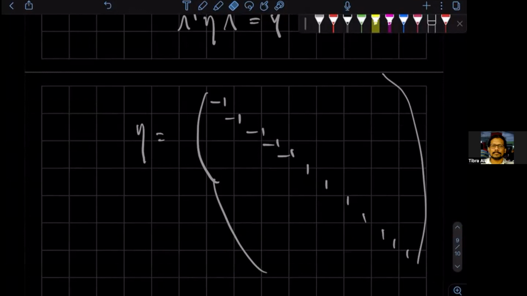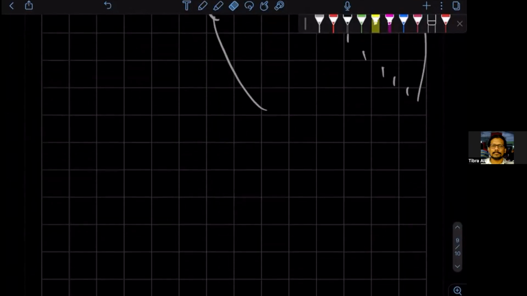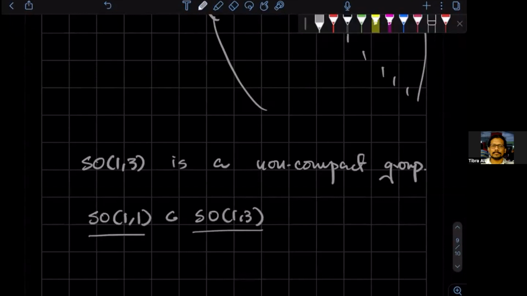Okay, so we shall see at some point that SO(1,3) is a non-compact group. And you can see that already, because you know that SO(1,1) can be embedded in SO(1,3), right? SO(1,1) is a subgroup of SO(1,3), right?